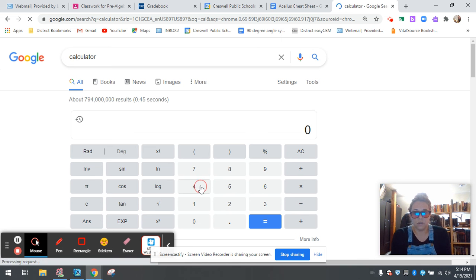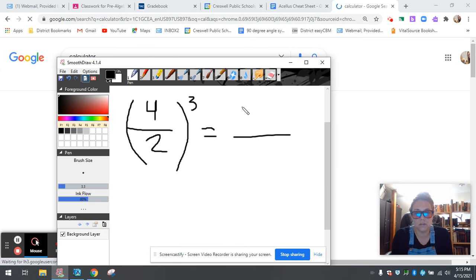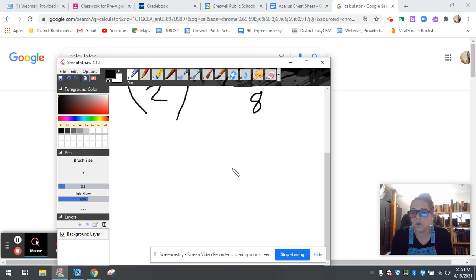Okay, 4 to the power of 3. We get 64. We have to cube the denominator now. So this is going to be 2 times 2 times 2. 2 times 2 is 4 times 2 is 8. Okay. Now we've cubed our ratio.